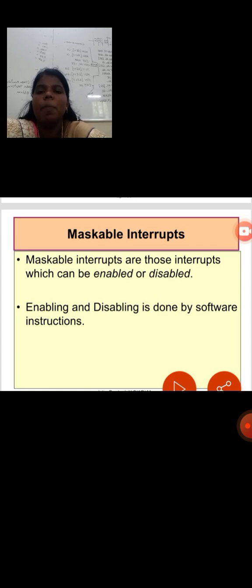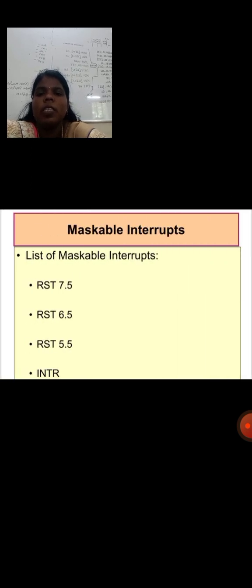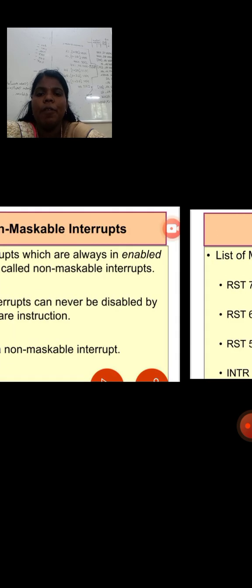This disabling and enabling is done by software instructions. The maskable interrupts in 8085 are RST 7.5, RST 6.5, RST 5.5 and interrupt request. These 4 pins are the maskable interrupt pins of 8085.